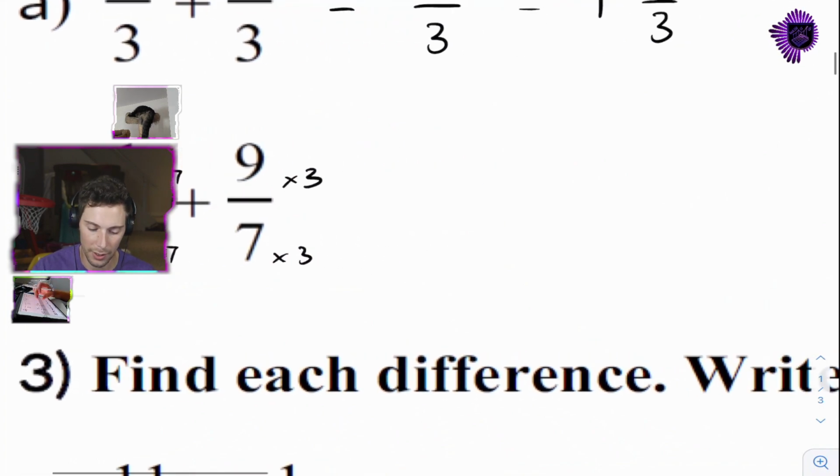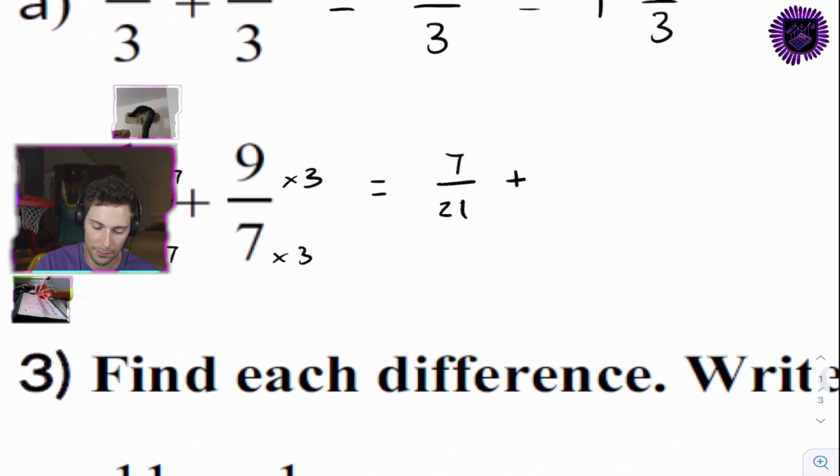So this is going to bring us to an equivalent fraction with like denominators. And it's going to be 7 over 21, plus 28 over 21.